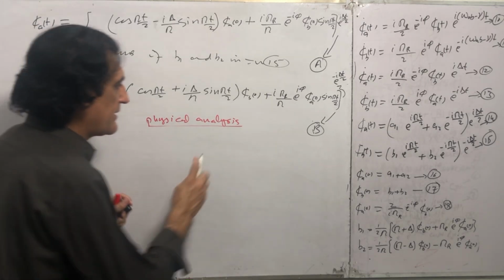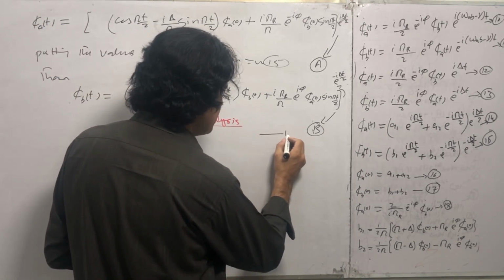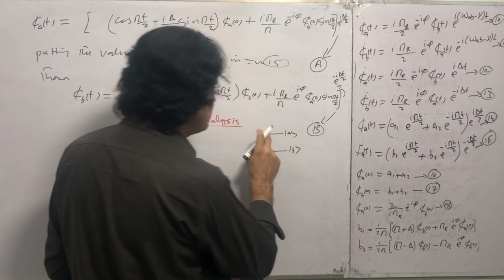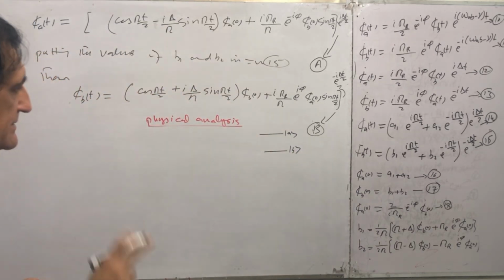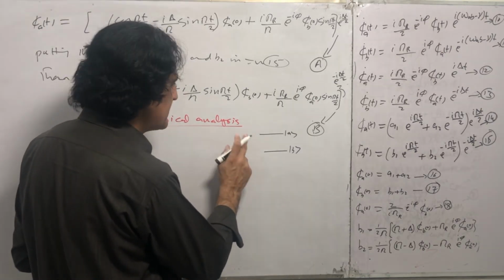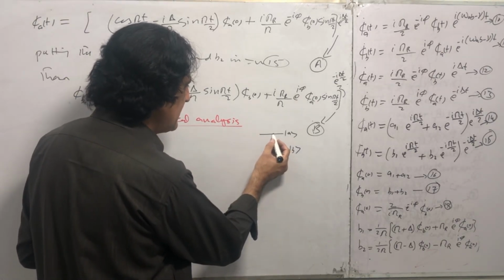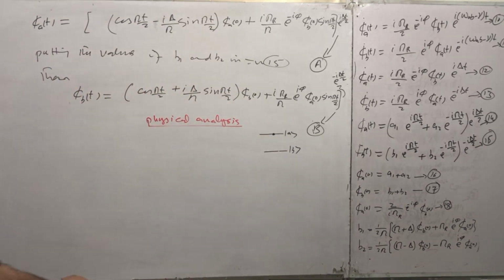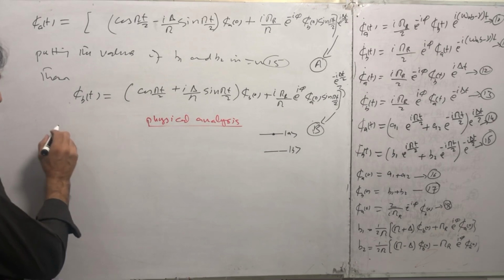Initially, we consider that the atom is initially in the excited state. The atom being initially in the excited state means that the electron is here in state A. So this is the condition.